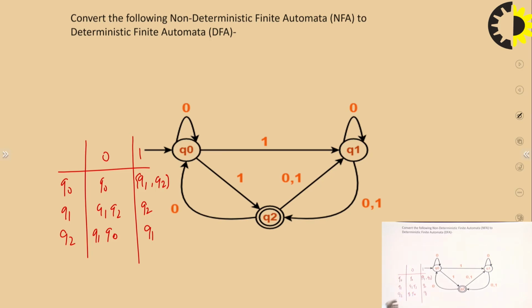Now this is the NFA transition table, and with the help of this table we can easily convert any NFA into a DFA.